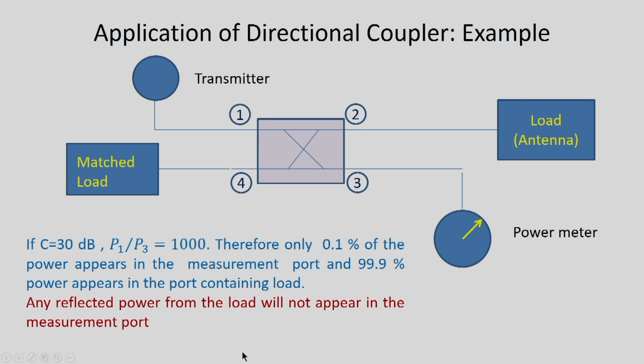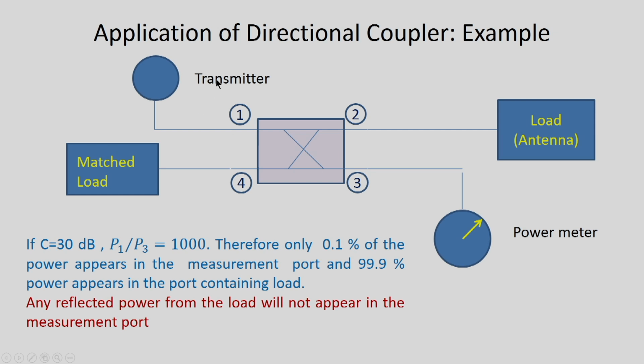Directional couplers have a lot of applications. We discuss here one example of such application. So, we are employing this directional coupler for monitoring the power that is supplied to this antenna element, which is the load, by this transmitter.